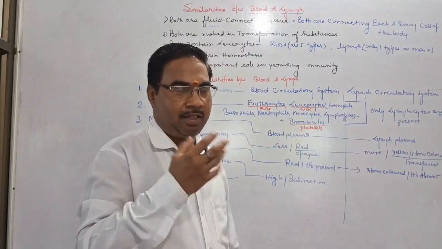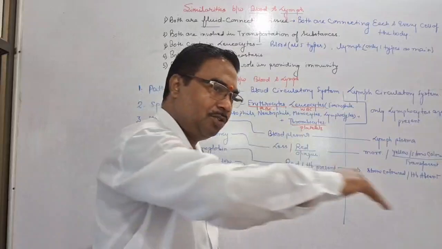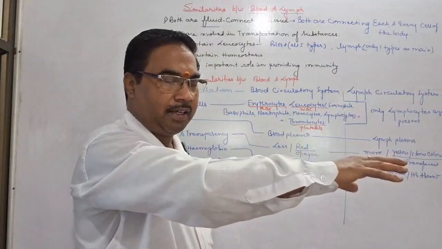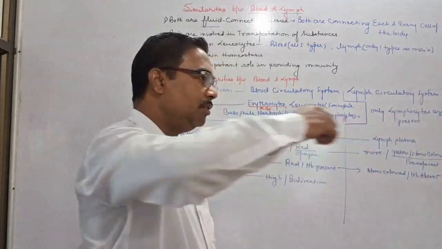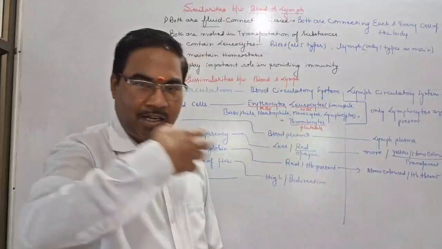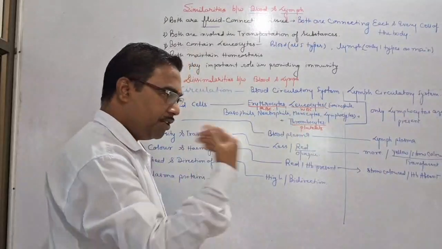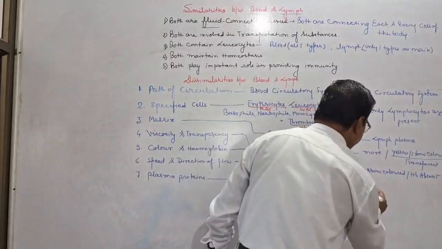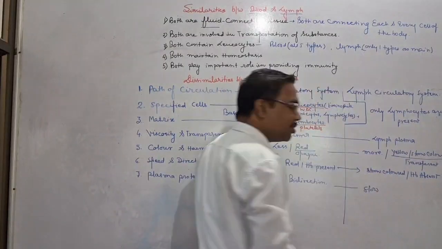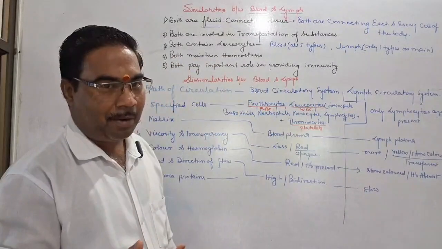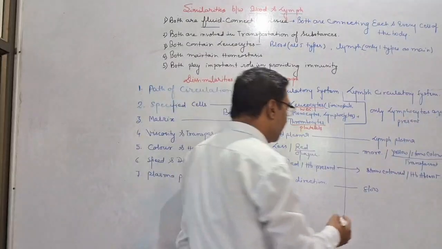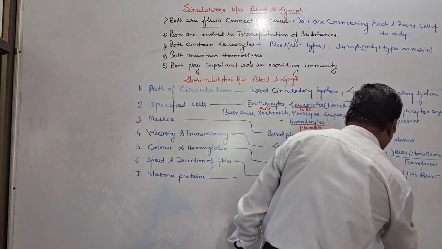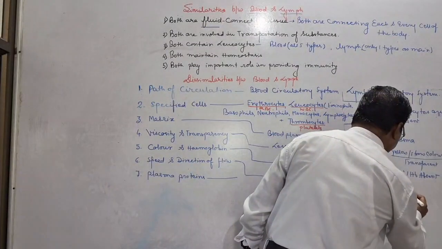So receiving and sending, that's why bidirectional. Here the speed is slow only. Why is it slow? Because there is no pump like heart there, and it is unidirectional.